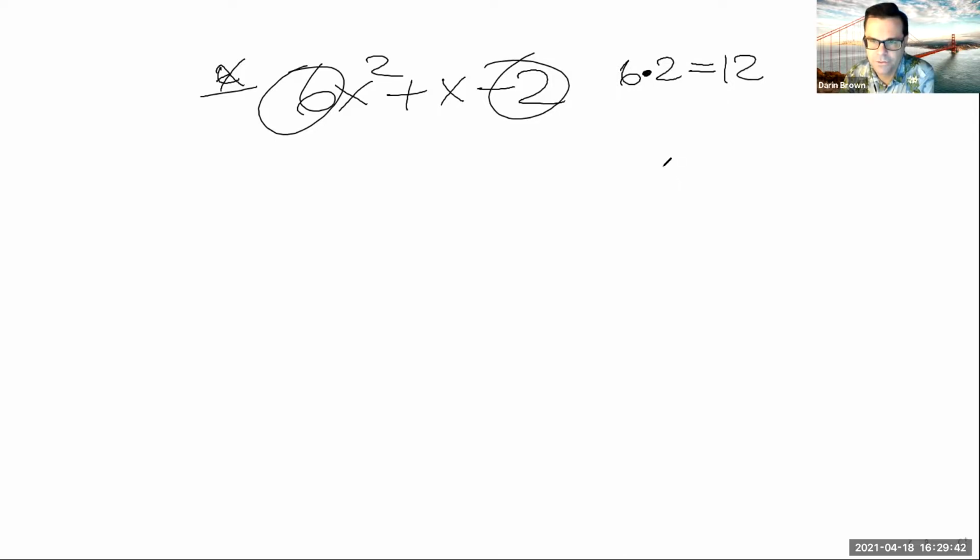And so we're looking for two numbers that multiply to 12 and have a difference of 1. So they have to subtract to that middle number. Right? That's what AC says.